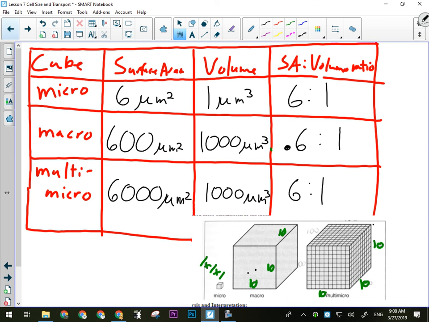If I make macro even bigger, does its surface area to volume ratio change? Anytime I change one of these, it gets bigger. But if I make a multicellular organism bigger, what does it do to fill in the extra space? It makes more cells. Are the cells all still the same size? So does its surface area to volume ratio change then? That's kind of what you need to put in for that answer.